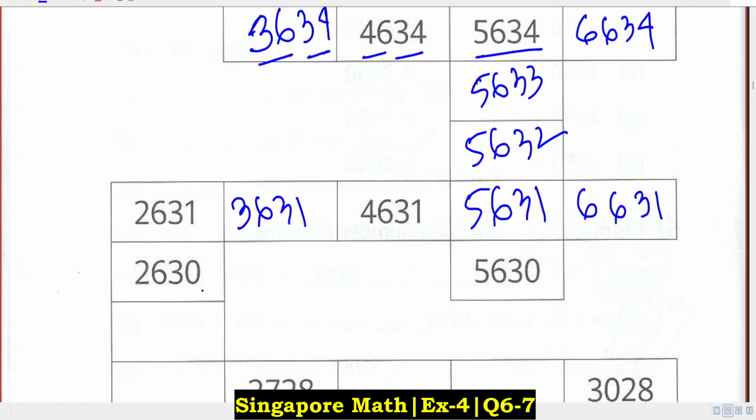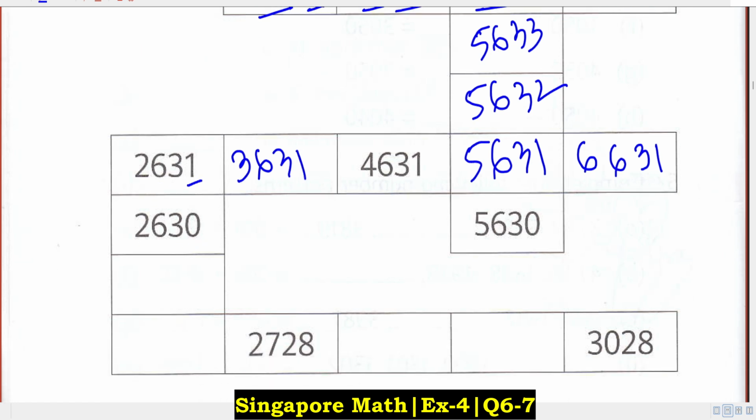2631, 2630. So it will be 2629. We have to write this one carefully.